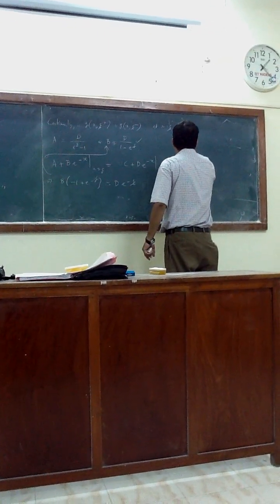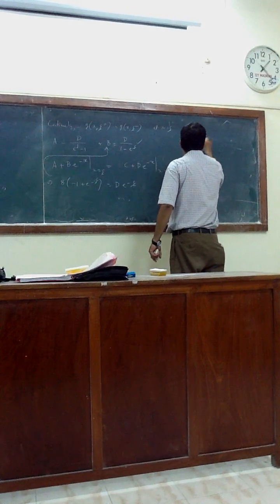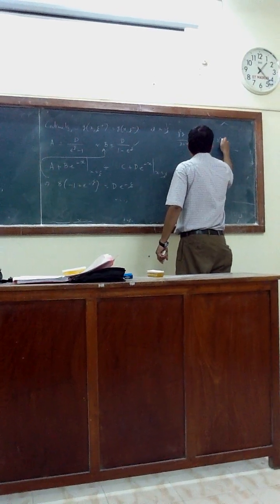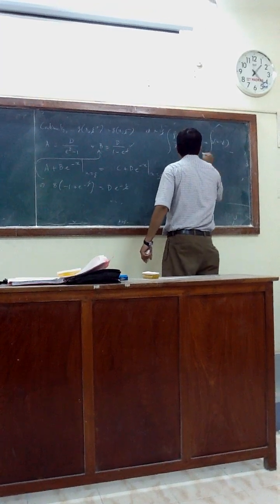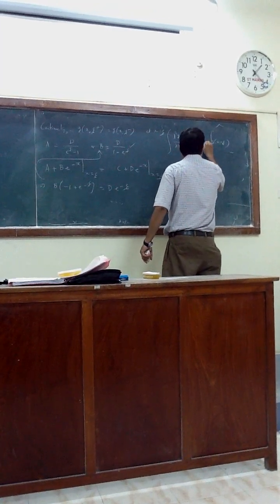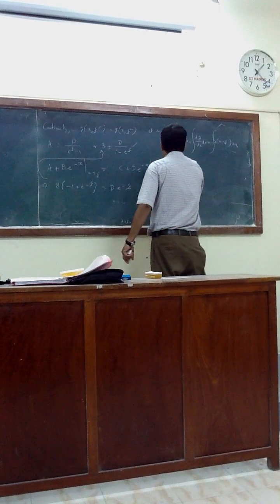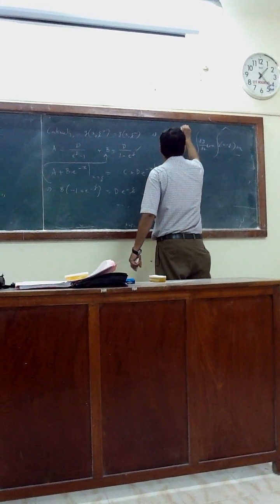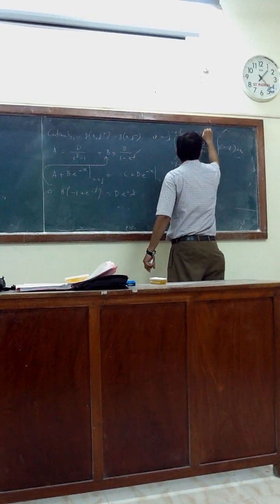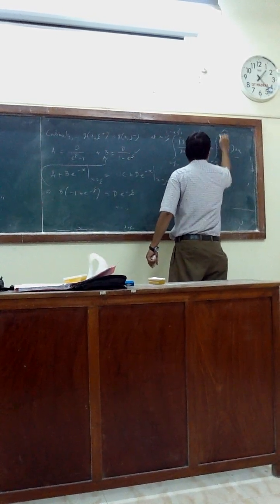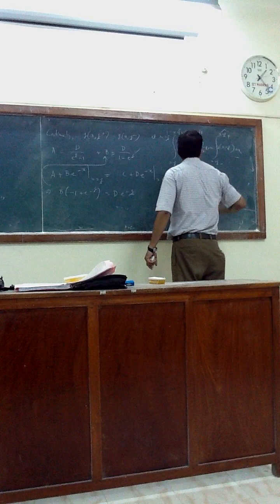d2g by dx square plus dg dx equals delta x minus z. Integrate each term between x equals z minus and x equals z plus.